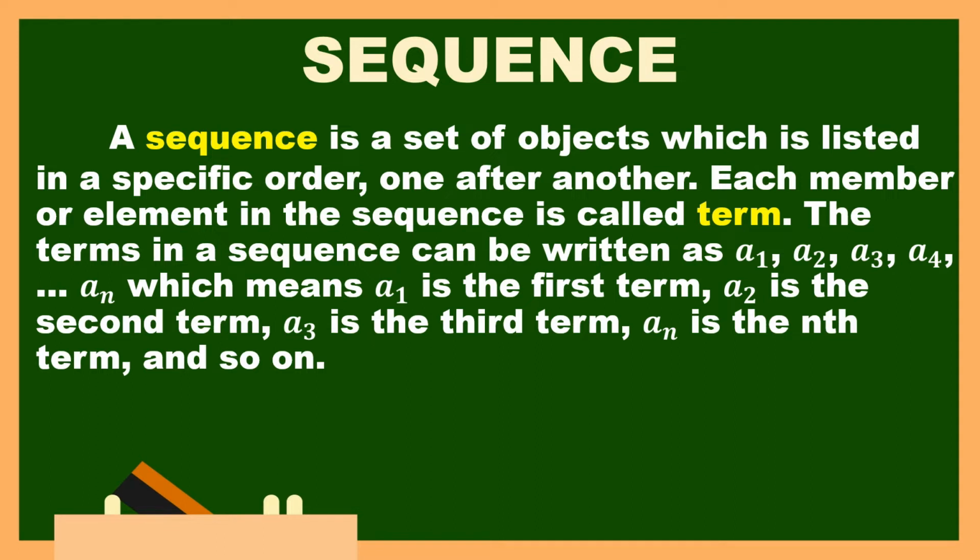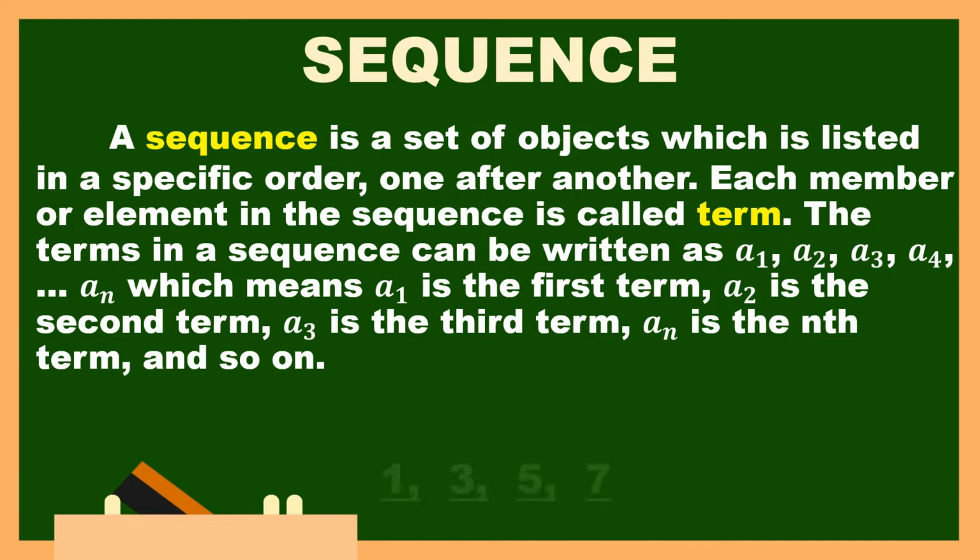So, ang sequence po ay set siya ng mga objects kung saan ito ay nakalista in a specific order o meron siyang pagkakasunod-sunod. At ang tawag sa bawat member or element sa given sequence ay term.